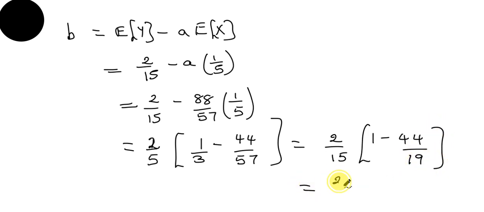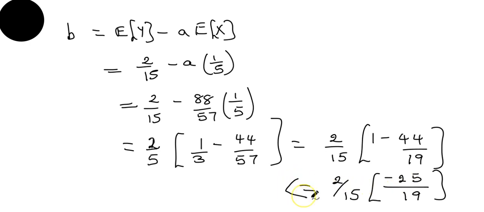So this would be 2 by 15 into 19 minus 44. 19 minus 44 will give me a minus 25 divided by 19. 15, 5 will go in this 3 times and 5 will go in this 5 times. So I will get B equal to minus 10 divided by 57.